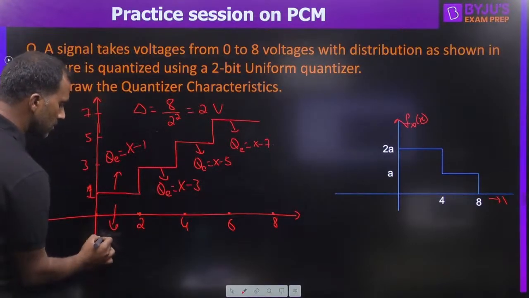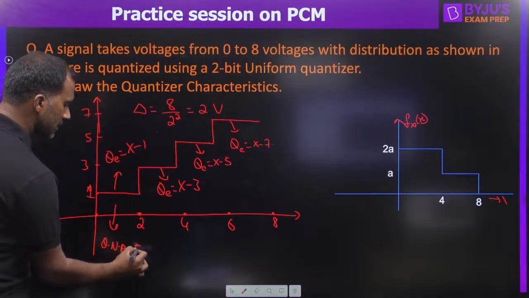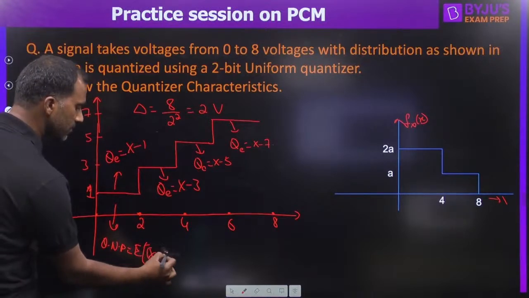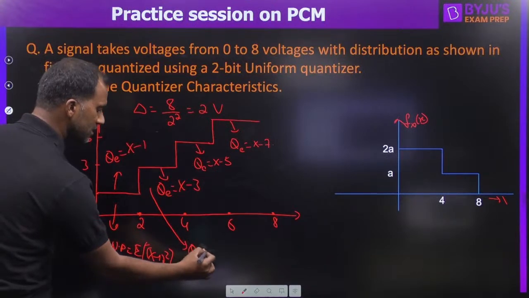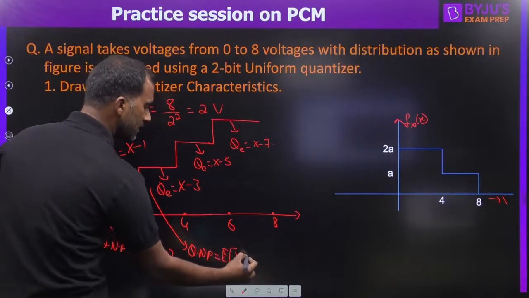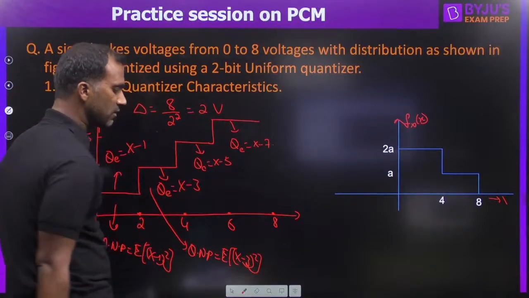Only for this region, the quantization noise power is expectation of QE square, which is x minus 1 whole square. And only for this region, it is expectation of x minus 3 whole square. And for this region, x minus 5 whole square, and x minus 7 whole square.